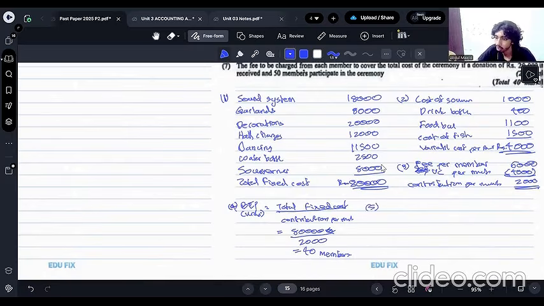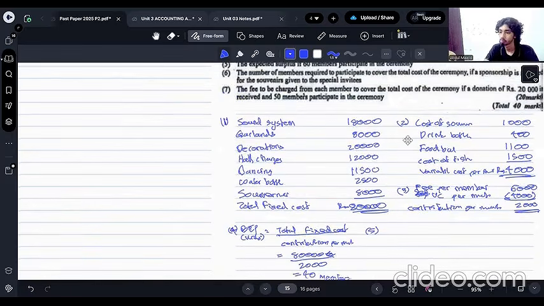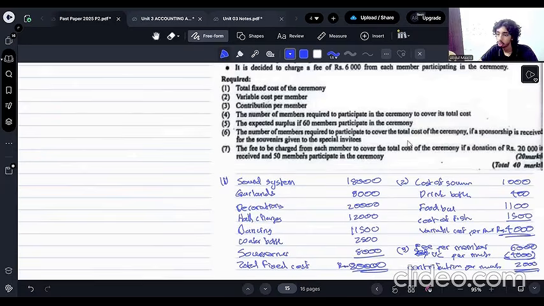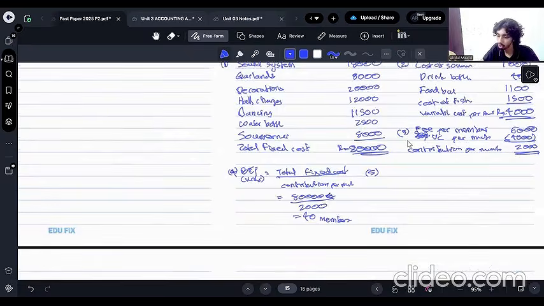Then the fifth one, the expected surplus if 60 members participate. So then you can use surplus, you can say the profit, surplus equals total contribution minus total fixed cost.